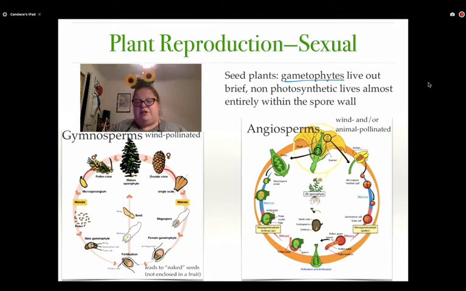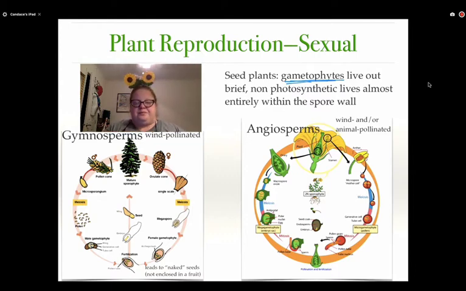There is alternation of generations, but the gametophyte lives out a brief life that is almost entirely within the walls of the sporophyte, which is what we see when we see these plants. We're looking at the sporophyte.